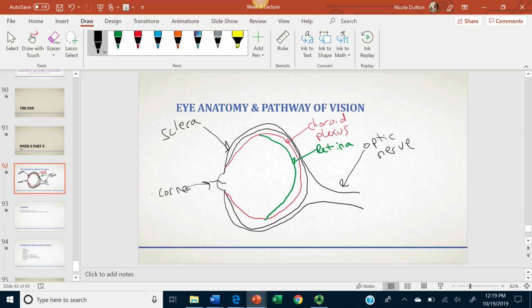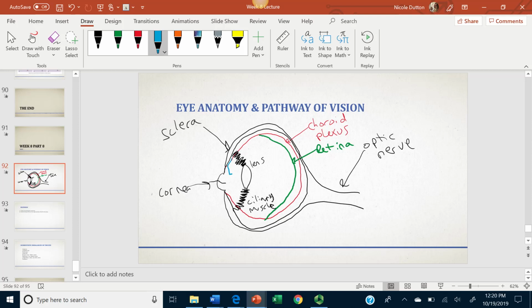In the middle of the eye, we have the lens, which is supported by a muscle known as the ciliary muscle. So light's going to pass through here, but we have one other division of the anterior cavity, the colored part of the eye.